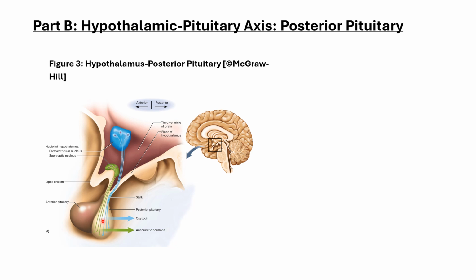So the posterior pituitary is basically a storage area for the hormones. It does not synthesize the hormones. That is why the posterior pituitary is also known as neurohypophysis. So when the stimulus comes, in these axons, the hormones which are stored over here are released into the blood. These hormones are oxytocin and antidiuretic hormone.